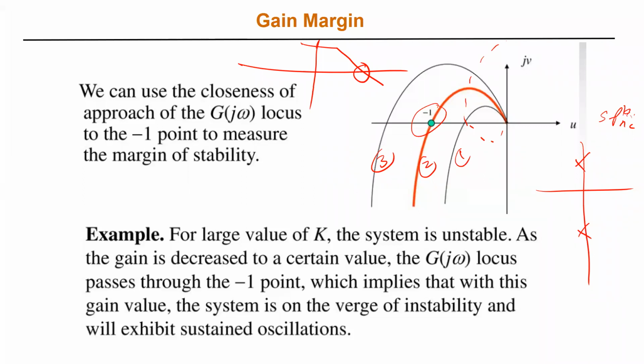So if this is 1, 20 log of 1 is going to be 0, which is the 0 dB line. This is 0 dB, this is, let's say, 20 dB, this is 40. The 0 dB line corresponds to the angle of -180.